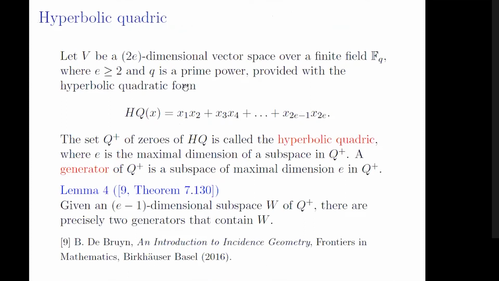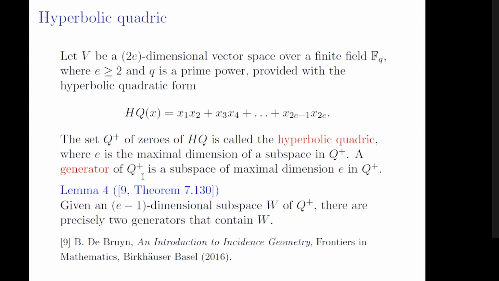Let V be a 2e-dimensional vector space over a finite field Fq, where e is at least 2 and q is a prime power, provided with the hyperbolic quadratic form. The set Q plus of zeros of the form is called the hyperbolic quadric, where e is the maximal dimension of a subspace in Q plus.